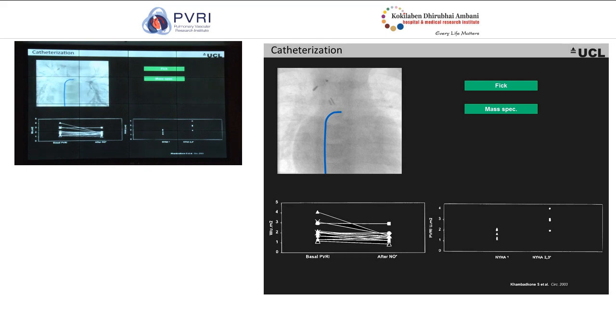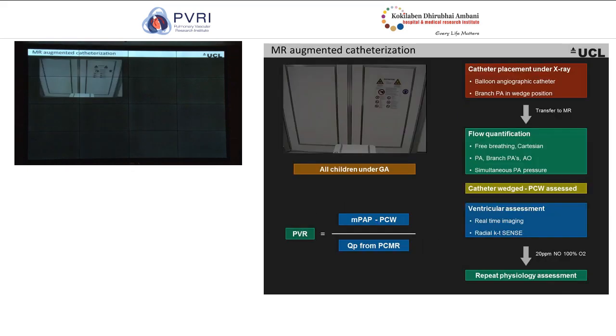There was no outcome data in this study, but patients with a higher resistance, unsurprisingly, had worse functional class. So that's how we used to measure flow using the Fick principle, but with measured oxygen consumption.